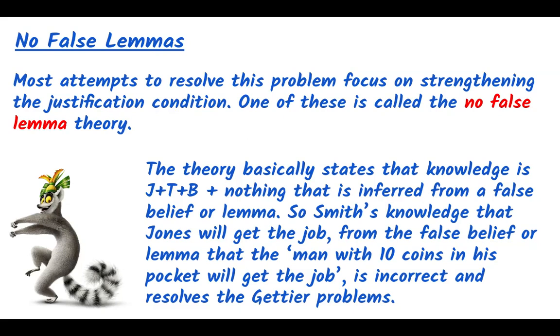It's incorrect, and because it's a false lemma, it would be rejected as knowledge. As such, this seems to provide a nice solution. It appears to resolve the Gettier problem in this instance. However, we can't necessarily be that quick in claiming that this solution works in all instances.